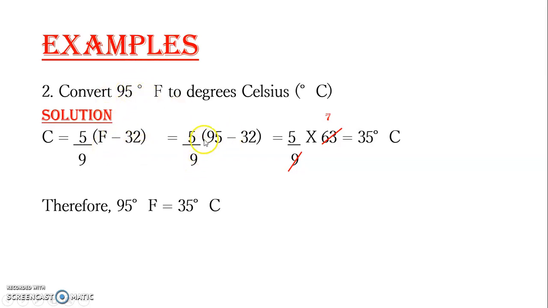So 5/9 bracket 95 minus 32. So 95 minus 32 will give us 63. So 5/9 times 63. 9 into 9 is 1, and 9 into 63 will give us 7. 5 times 7 is equal to 35 degrees Celsius. Therefore, 95 degrees Fahrenheit is equal to 35 degrees Celsius.